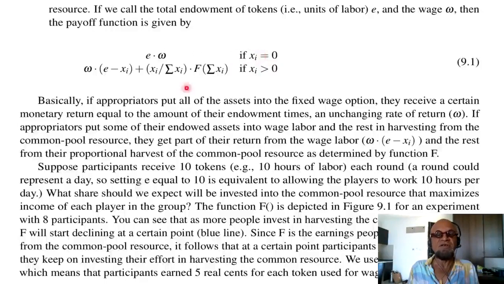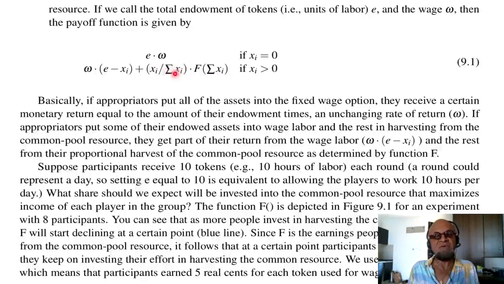But if you put in a certain amount x_i, then your endowment, or your time out of the working hours, let's say 10 hours, is reduced. So your wage is reduced, but there is a return function associated with the time you're spending in harvesting the common pool resource, which is proportional to the total time put in by everybody.